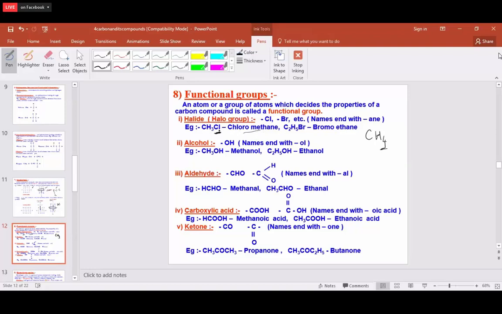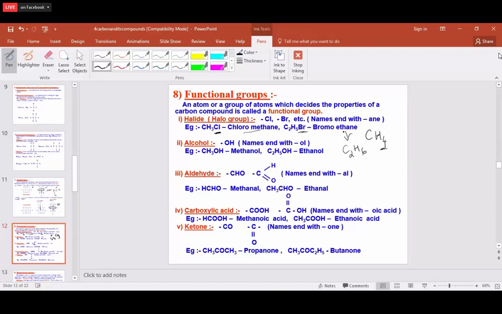How to name this one: chlorine is present, so it is chloro. And this is one carbon atom, right? So this is methane, chloromethane. In this one, a bromine atom is substituted. The formula for ethane is C2H6. In the place of one hydrogen, we have substituted bromine.